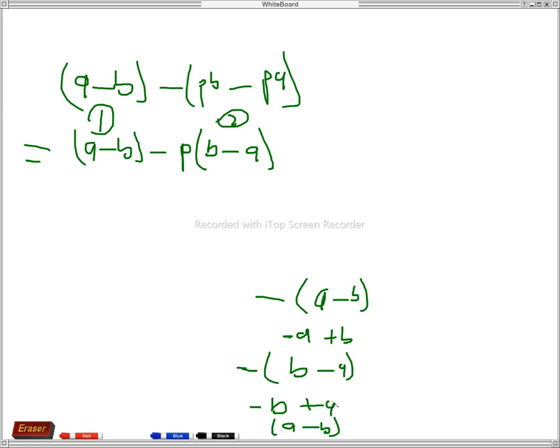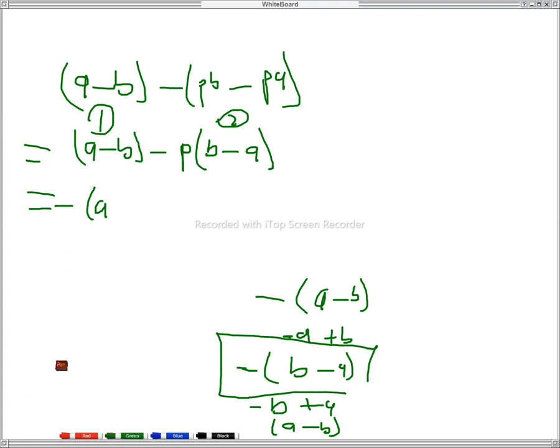You understand? It's playing around with these things, so I will just take this one and put it here, minus, it's b here, okay, minus b, negative of b minus a. So I'm having p b minus a.